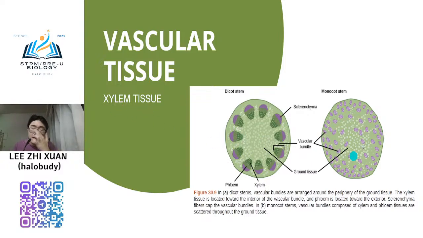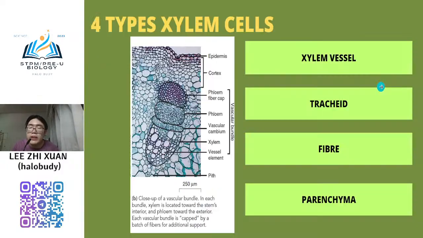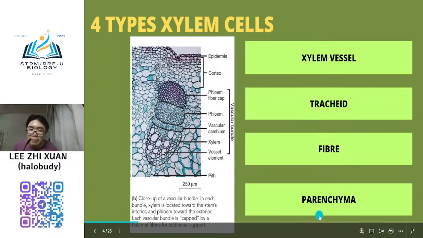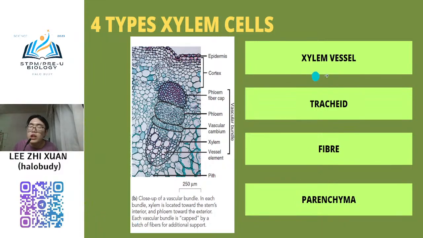Okay, I think everyone should know this structure. This is a dicotyledon plant that contains the vascular bundle. We know that the inner side is xylem, right, and the outer side is phloem. You already learned this in Sem 1, I am just recapping. And then we know that there are 4 types of cells in xylem, right? Xylem vessel, tracheid, fiber, and parenchyma cell. Normally the ones that play a role in water transporting are the xylem vessel and tracheid.